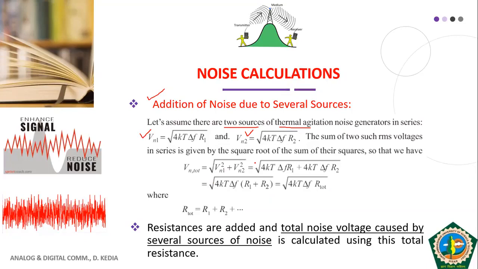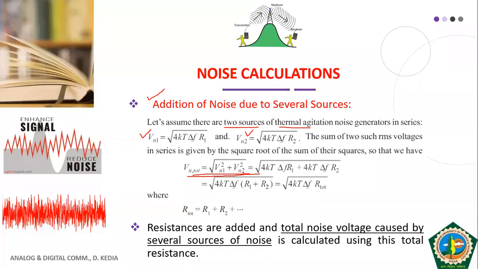The way we treat RMS values, in the same way we have to treat these noise calculations. Since Vn1 is an RMS noise voltage, in order to find the total voltage, the total noise voltage will be under the root Vn1 square plus Vn2 square. This is how we obtain noise due to several sources.